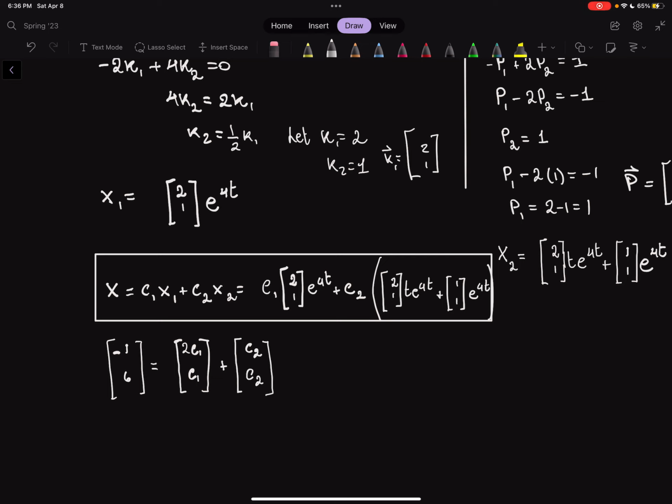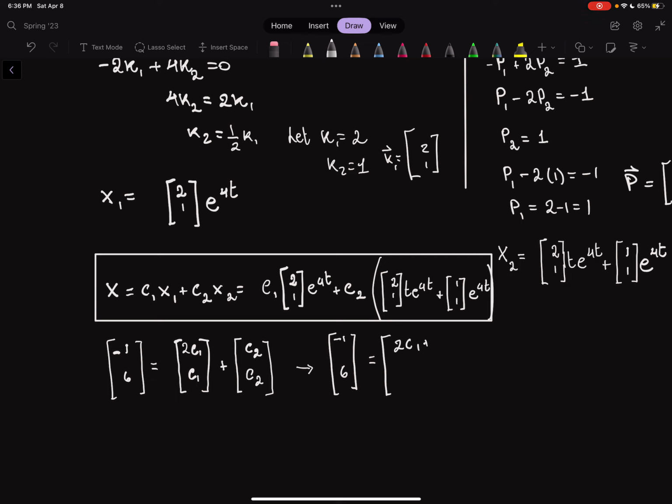And then I can rewrite this in algebraic form. So that would be -1 and 6 and, well, before I rewrite it in algebraic form, I want to add those two vectors together on the right-hand side.